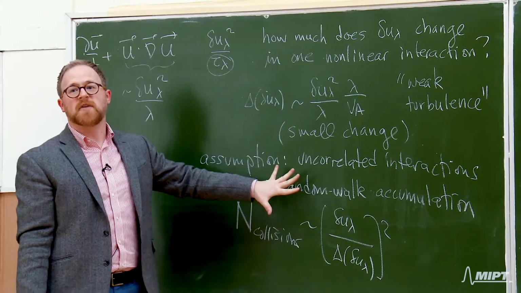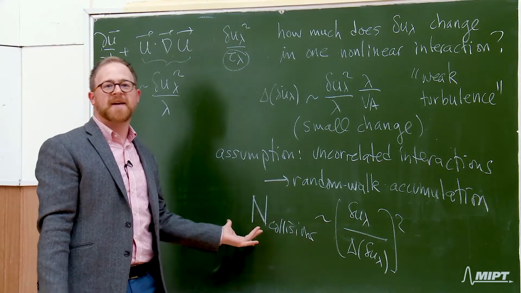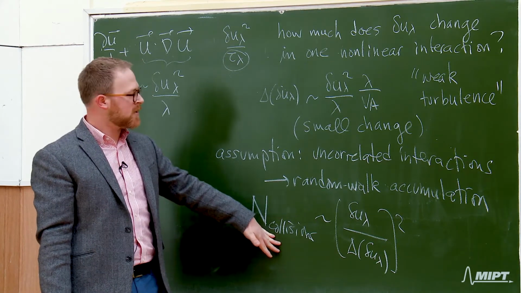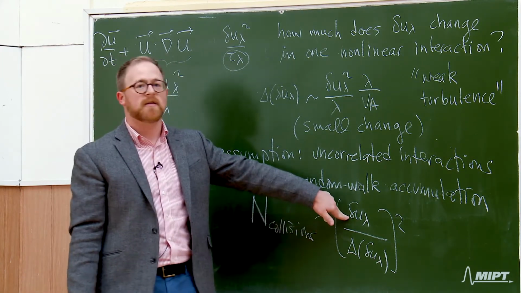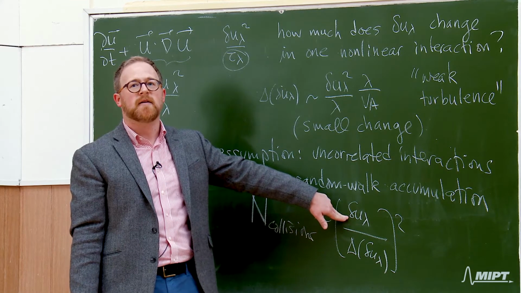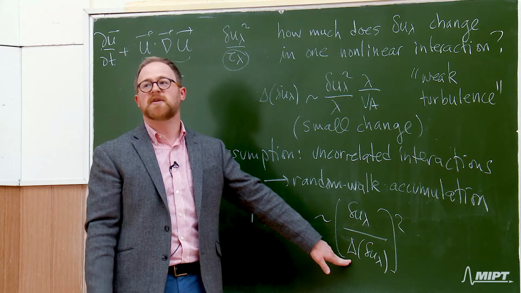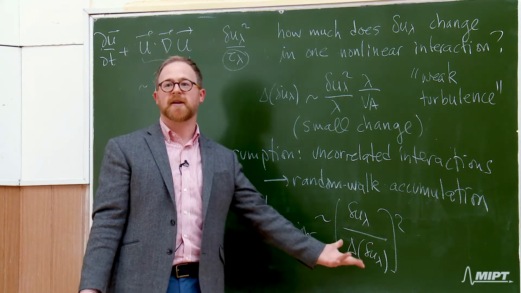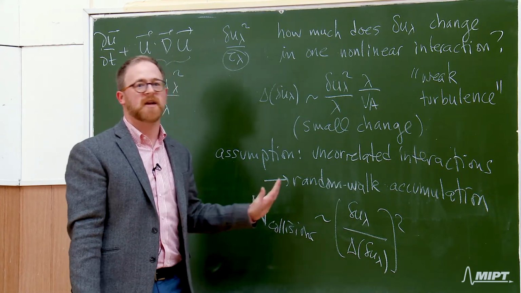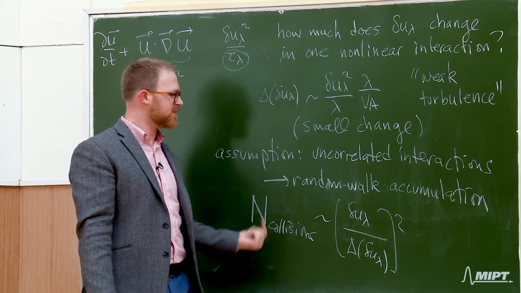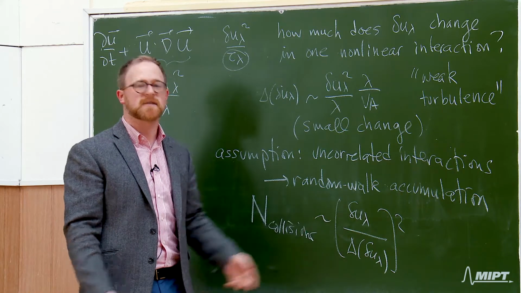If they add up just as a random walk, I just have a root n change. So the number of collisions required is going to go like the wave packet fluctuation amplitude at that scale divided by how much it's going to change in one collision, and then square it. And this is just random walk scaling. You know, things go like root n, and so I'm just squaring both sides.